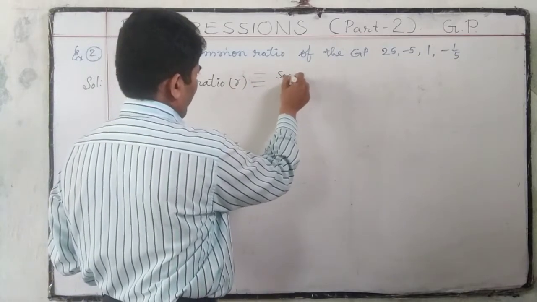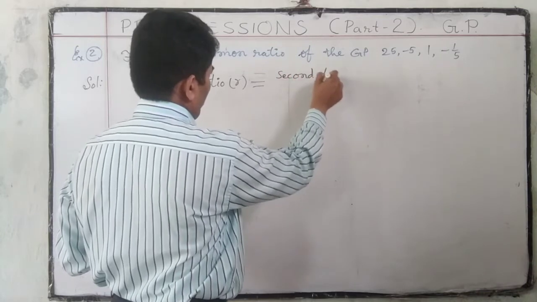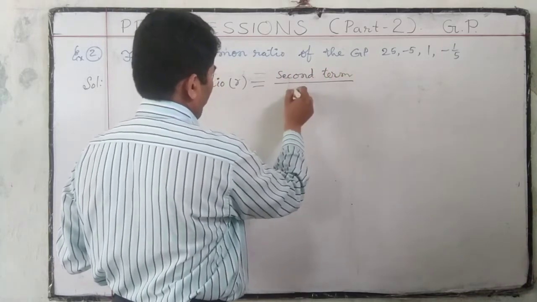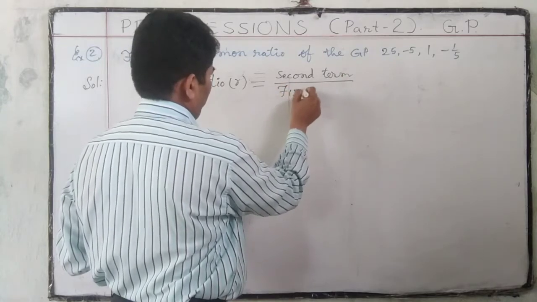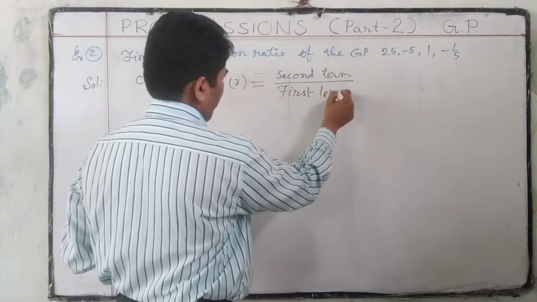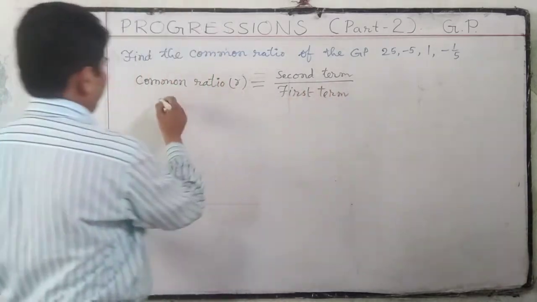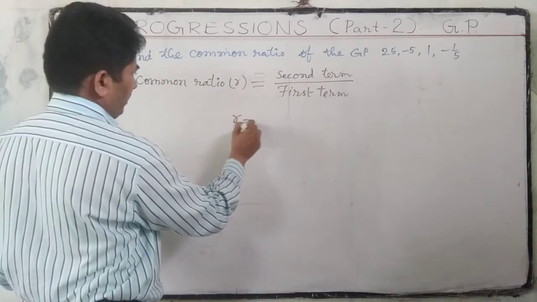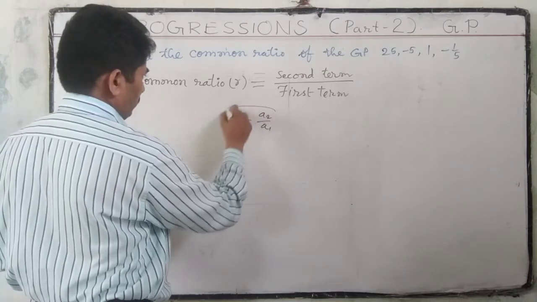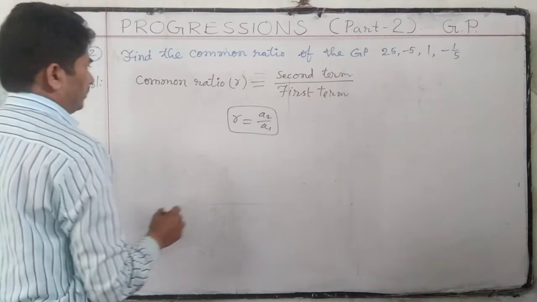Common ratio is second term by first term. This is the formula. We can write this shortly as a2 by a1. So this is the formula in short.